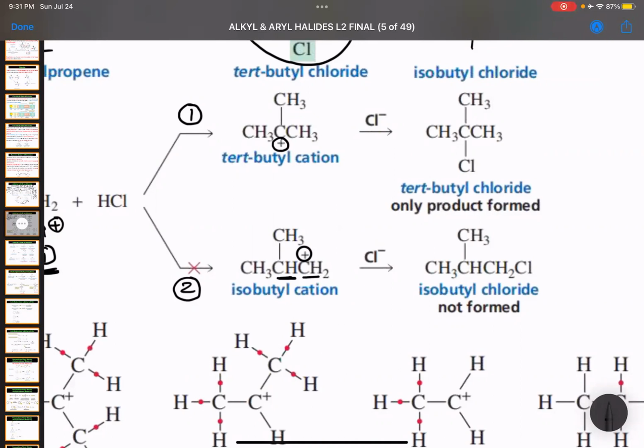The intermediate which is forming is the carbocation intermediate, right? You need to choose the carbocation which is more stable. The tertiary carbocation is more stable, and this is a primary carbocation. Is it clear? This is the tertiary carbocation.